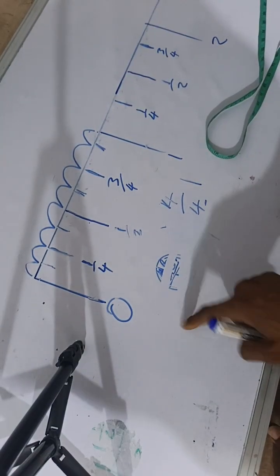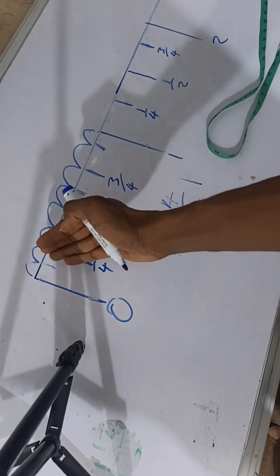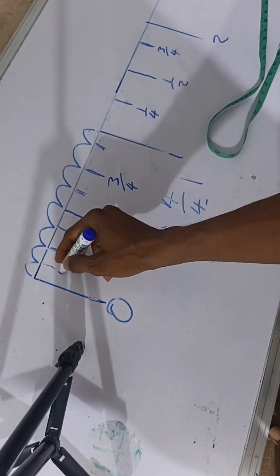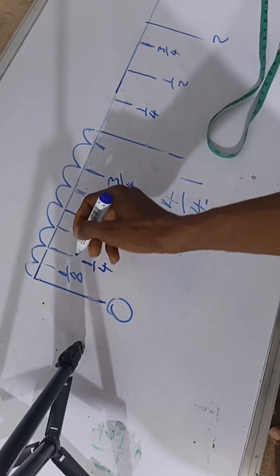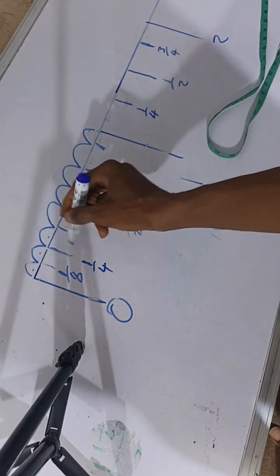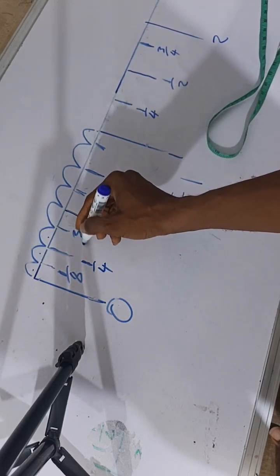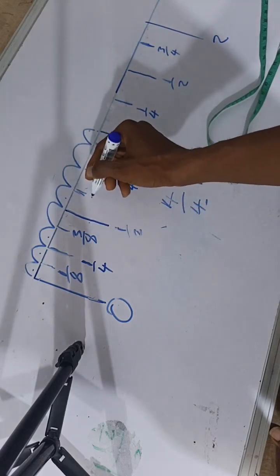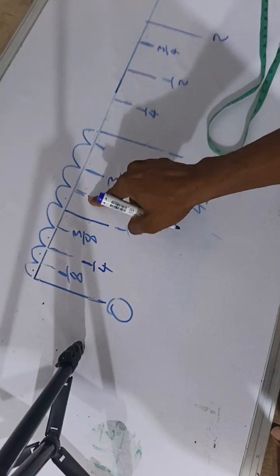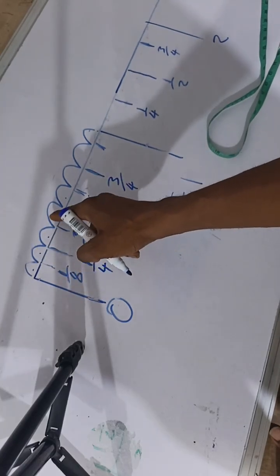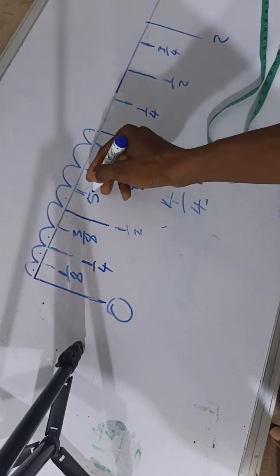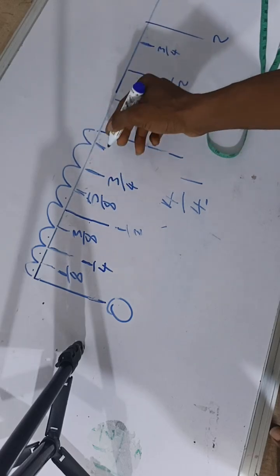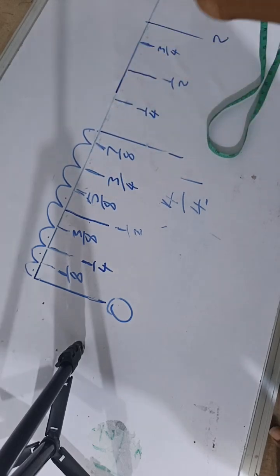So we now have 8 spacings. So this will now be 1 out of 8. 1, 2, 3. This will be 3 out of 8. 4, 5, 6. This will be 6, sorry. 1, 2, 3, 4, 5. This will be 5 out of 8. 6, 7. This will be 7 out of 8.